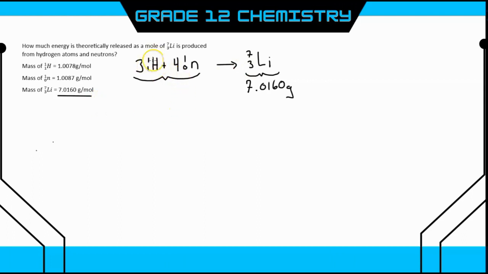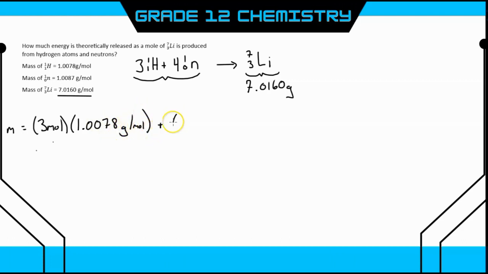And now, what about for our reactants? So let's see, we have 3 moles. So the mass of all of our reactants, we have 3 moles of hydrogen, which is 1.0078 grams for every 1 mole.